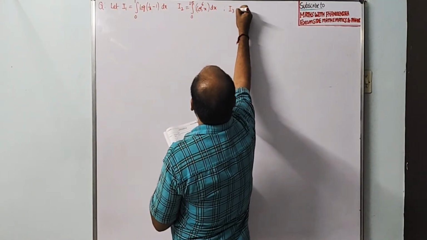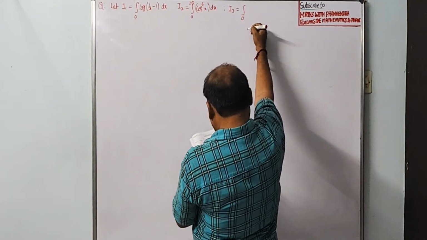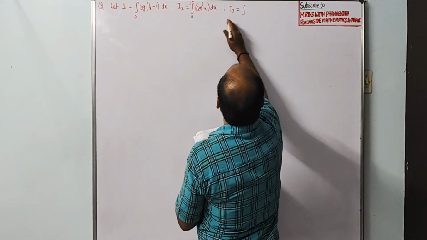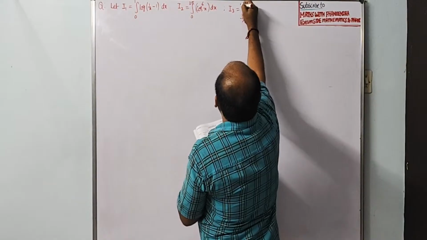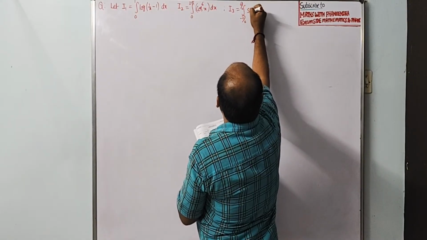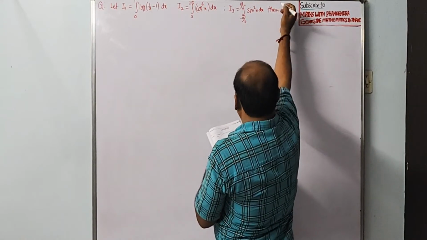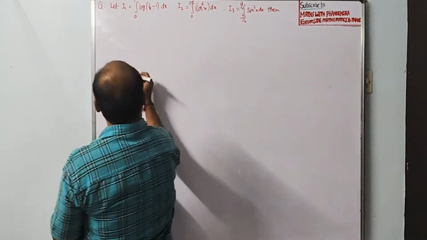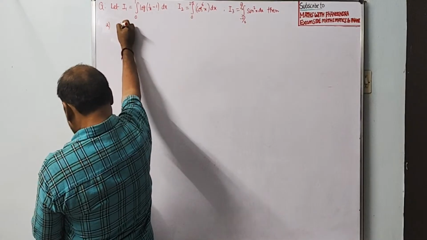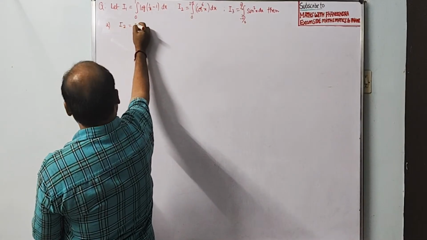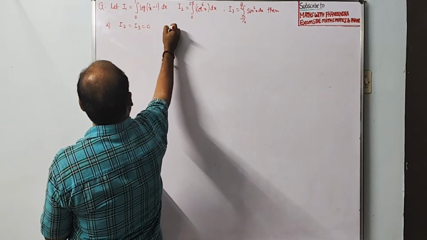I3 equal to integral from minus pi by 2 to plus pi by 2 of sin square x into dx. Then the question is, the first option, I2 equal to I3 equal to 0.